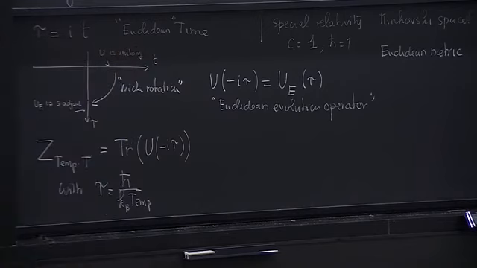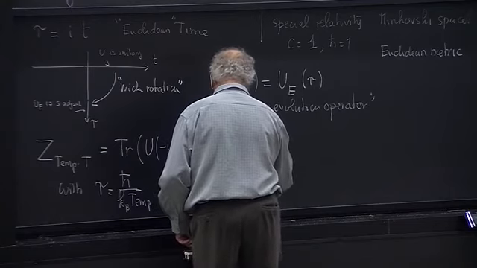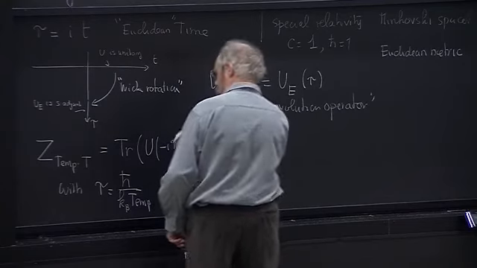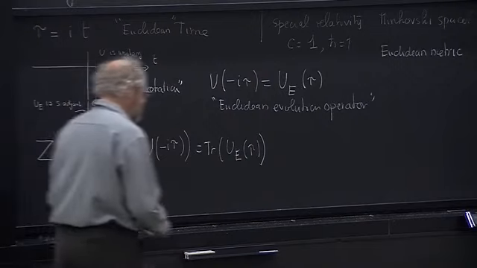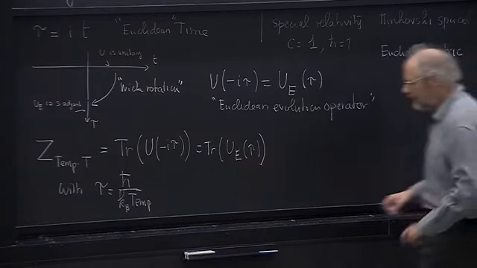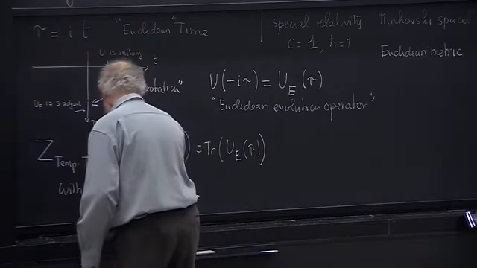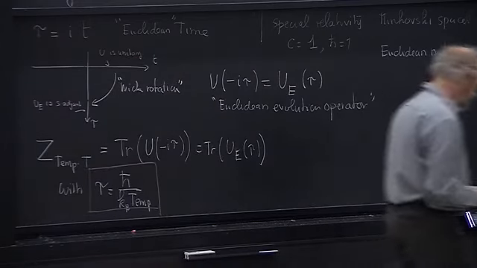They are the same object. So this is the trace of U_E of tau. This is just a dictionary, but what's important is this relation: you can view Euclidean time as the inverse of a temperature.